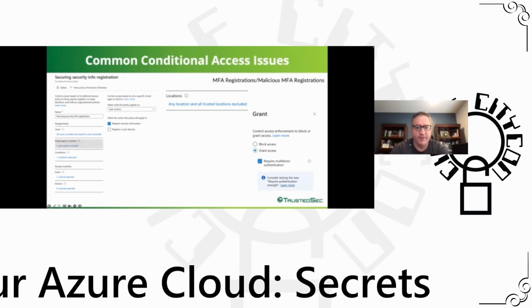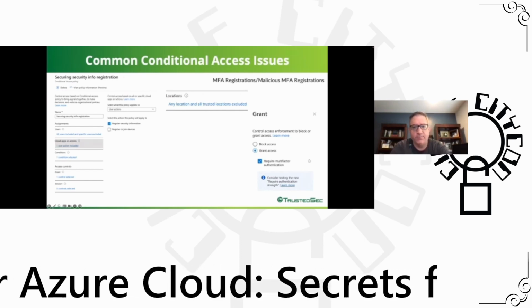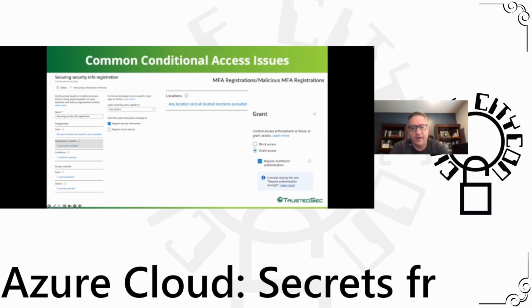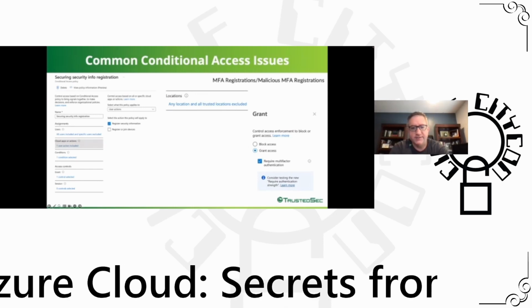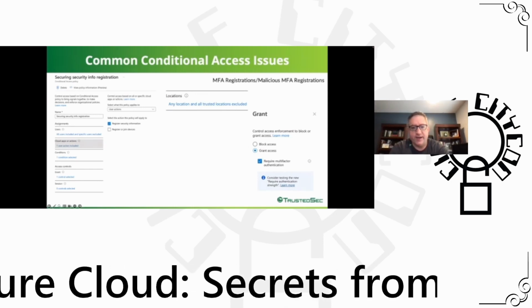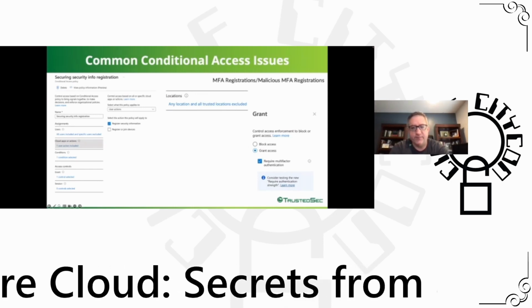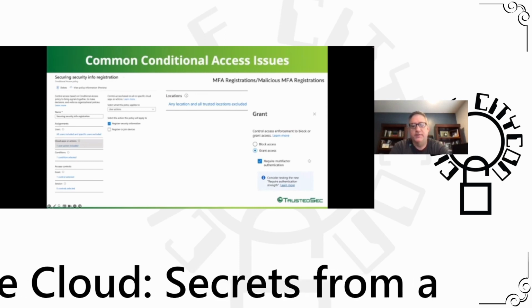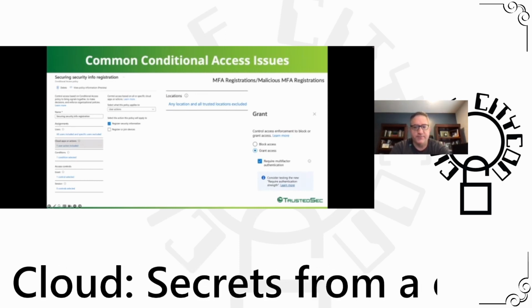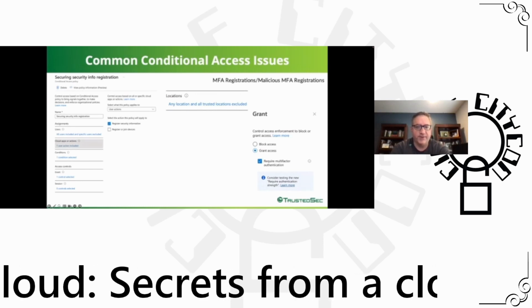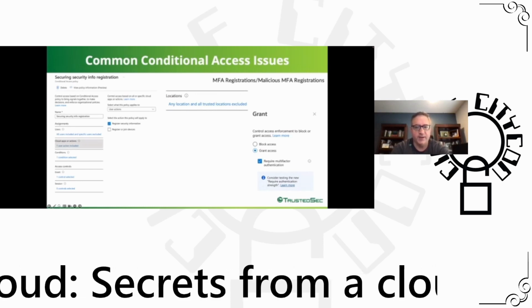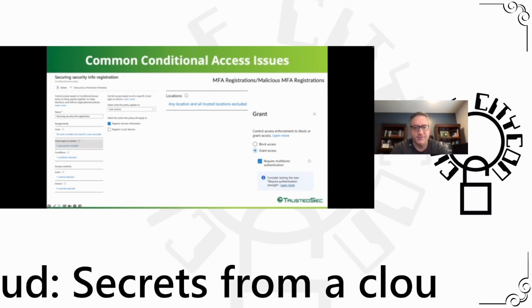So that MFA method would get added to the user account. And if something like this isn't in place to require MFA when you access security information on an account, that can cause those types of things to occur where somebody may slip in an additional MFA method to backdoor the account and possibly maintain some persistent access.